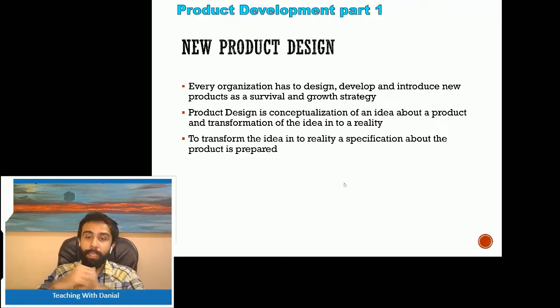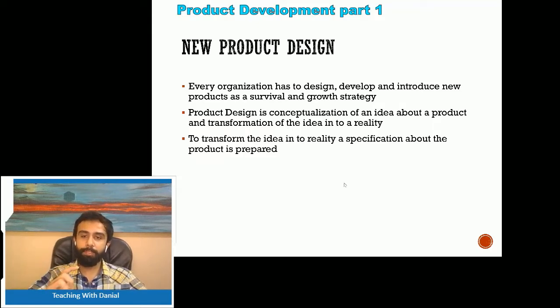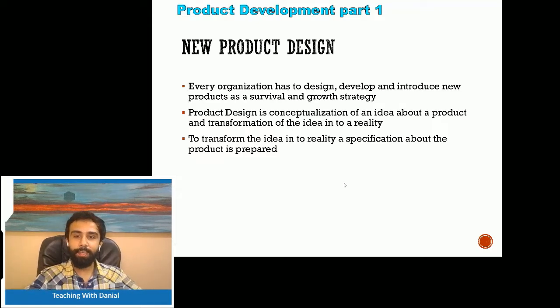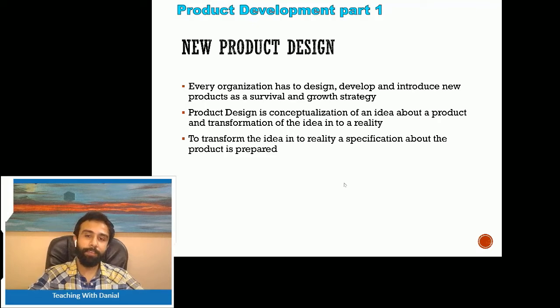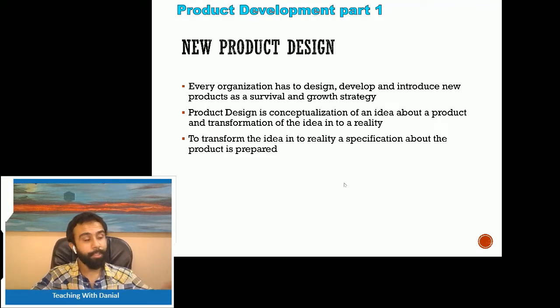Now, what is growth? If you develop something good, that means you are putting yourself ahead of your competition. So if there was a product design engineer, a product designer in your company, he says, we have developed salty lace or salty potato chips, but there are competitors coming up.